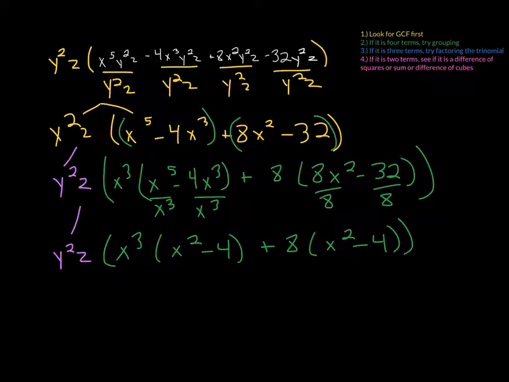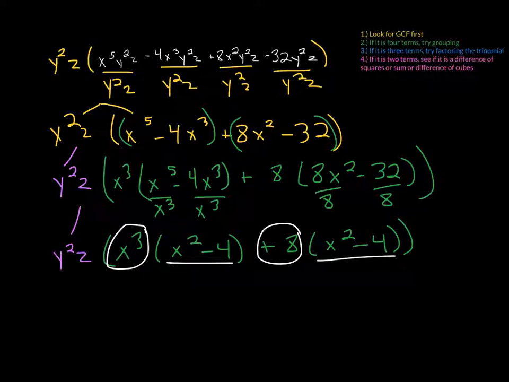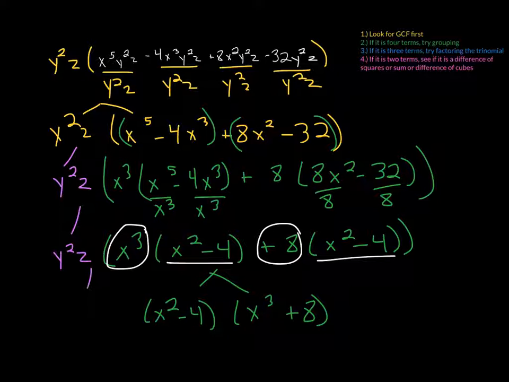So your two factors here are x squared minus 4, that's the common, and when you take that out, you're going to have x cubed plus 8. So x squared minus 4 and x cubed plus 8. And of course we still have this y squared z.